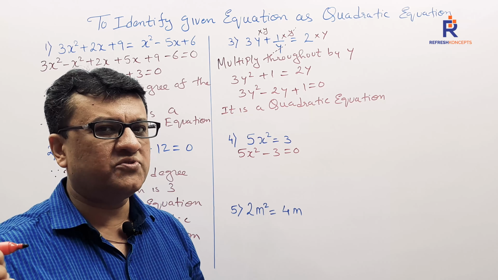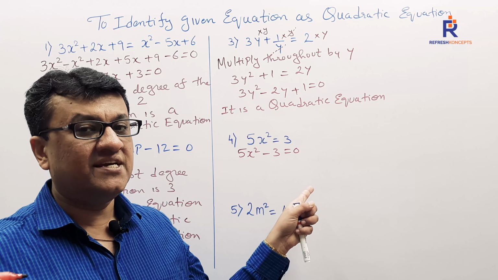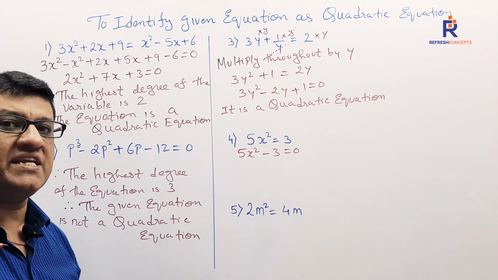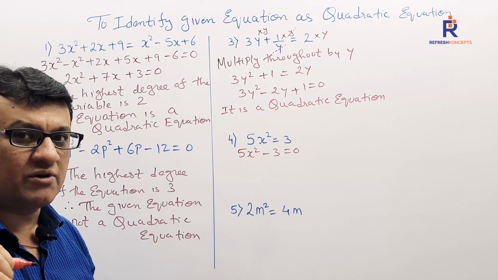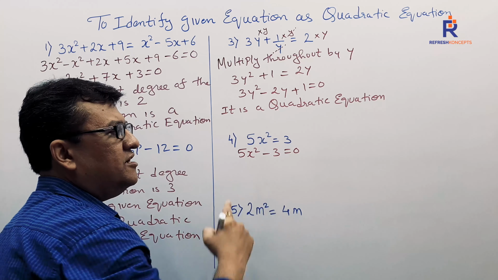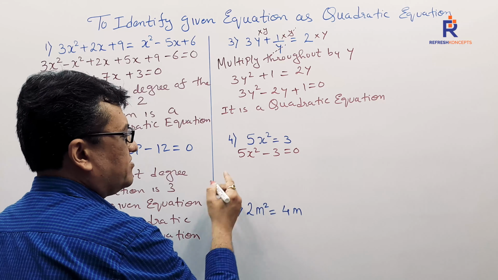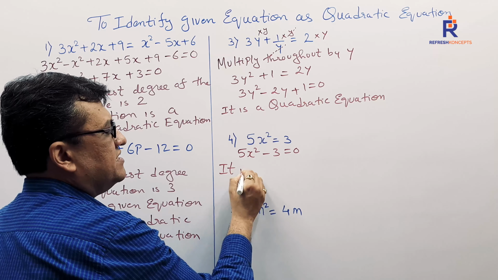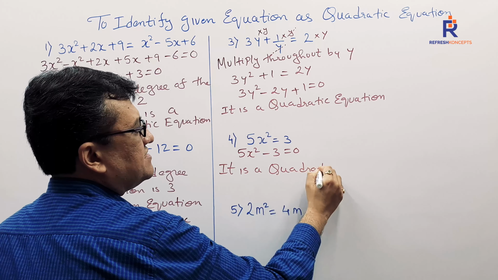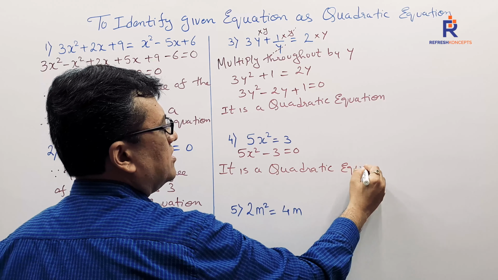Now if anybody wants to say further what type of quadratic equation this is, it is a pure quadratic equation. We have seen in the definition of quadratic equation what pure quadratic equations and adfected quadratic equations are. So this is nothing but a pure quadratic equation. I'll just write: it is a quadratic equation.